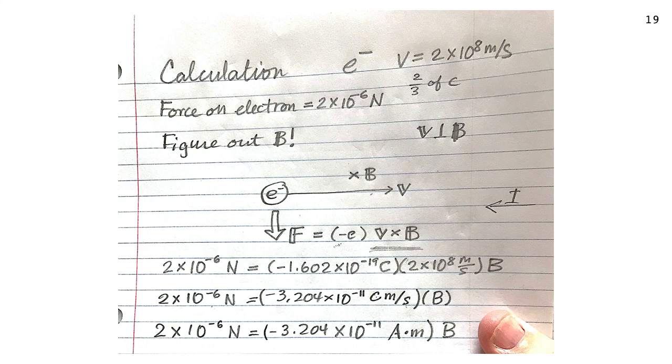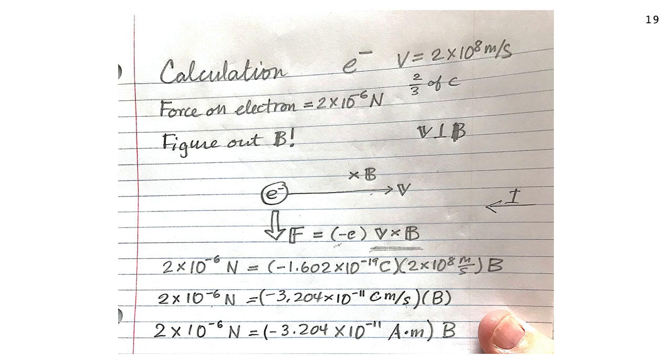Now I've got a minus 6 over here, and I've got a minus 11 over here. So I'm going to get 10 to the positive 5. So this is going to be a pretty strong magnetic field. It's really strong. But notice over here, I have coulombs and per seconds.